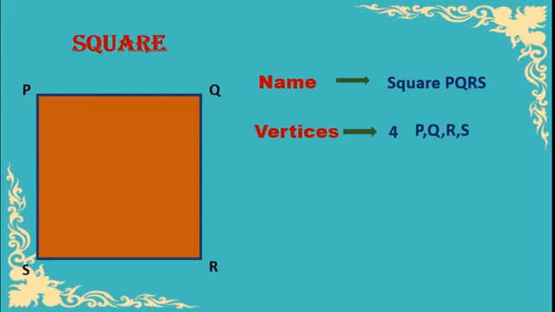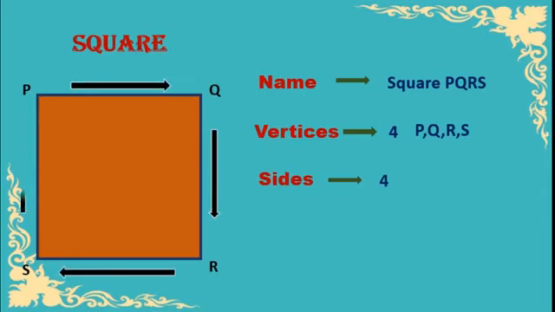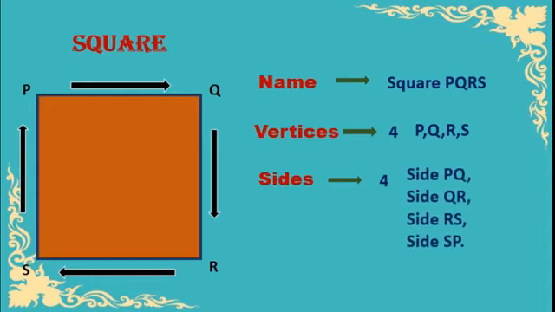The names are P, Q, R and S. Now what about the sides? You know that there are 4 sides. Which are they? Side PQ, side QR, side RS and side SP.